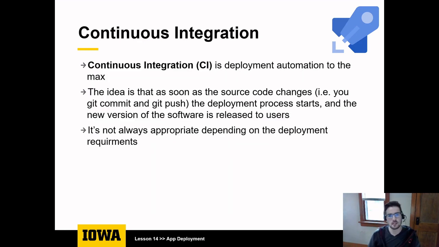And then deployment automation to its max is called continuous integration. With continuous integration, we say that as soon as source code is changed, so for example, if you do a git commit and then you push that commit to Azure DevOps, as soon as that happens, the deployment process kicks off and the new version of the software is built and created and released and deployed to users, and it happens automatically as soon as the code changes, right?